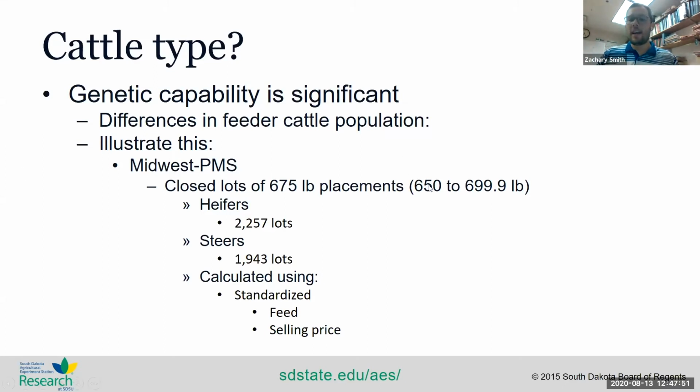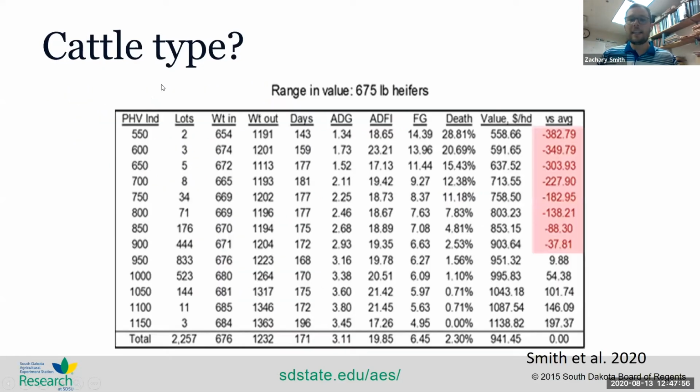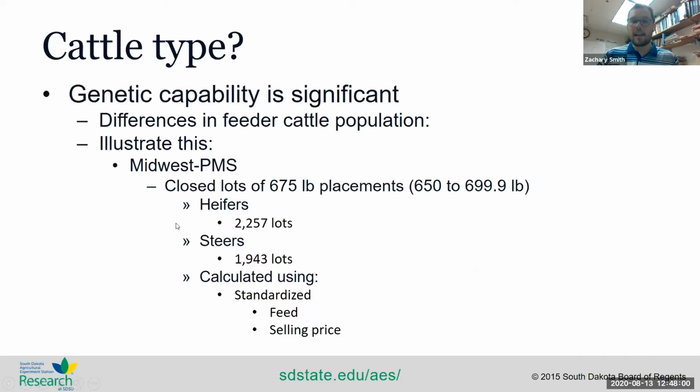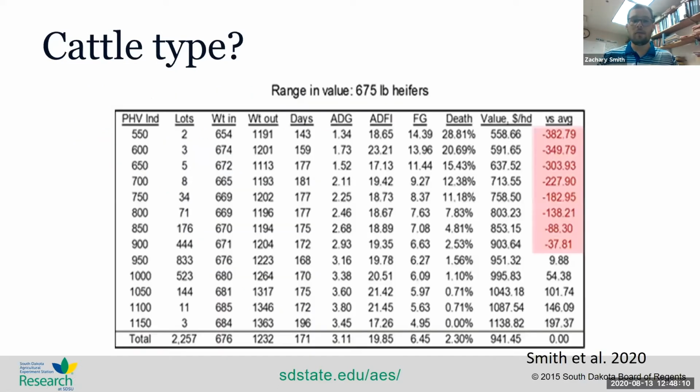It included animals between 650 and 699 pounds, at least in heifers, and this was calculated using a standardized feed selling price and a standardized miscellaneous cost for implants and other technologies that were used. This data is published in the OJAS article, Smith, Anderson and Johnson, 2020. We have here a per head value index.